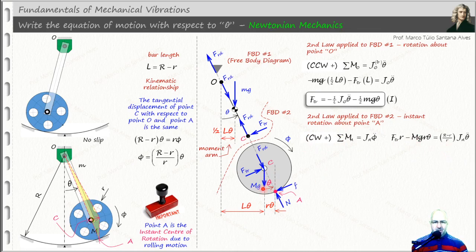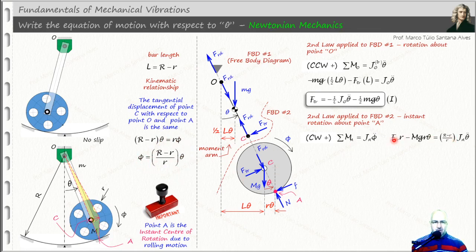Minus because of the moment generated by the weight of the disk, minus capital mg times this moment arm here, is equal to this expression. Let's remember that the phi can be written as this expression here.